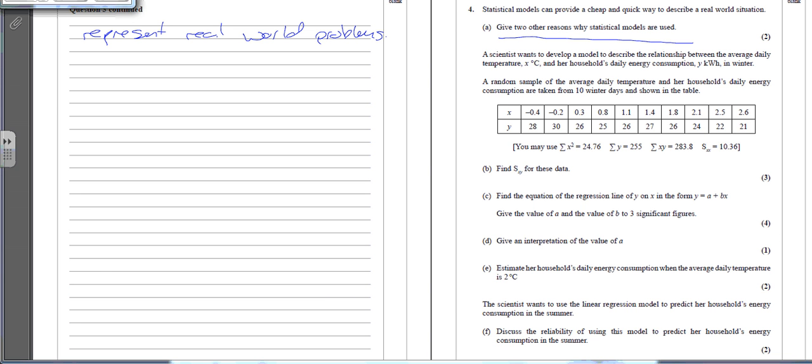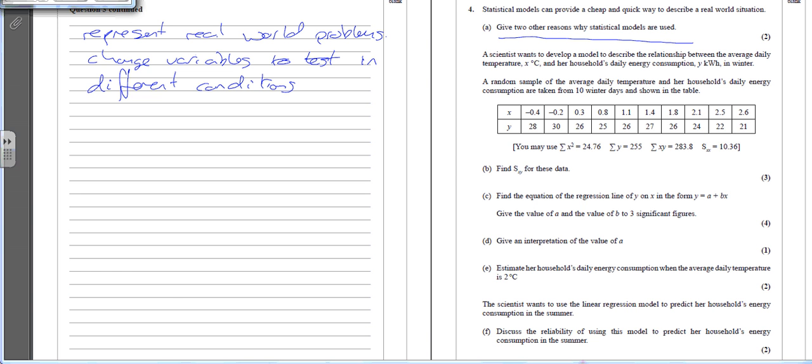And in doing so, you can change your variables to test in different conditions. And in doing so, this improves our understanding.